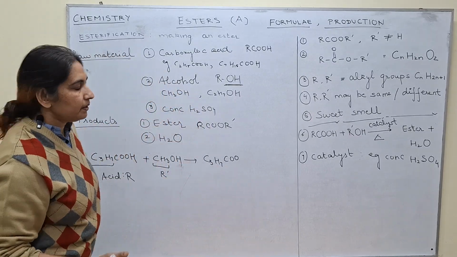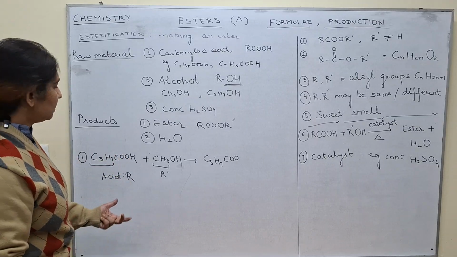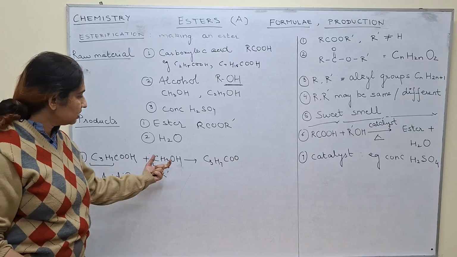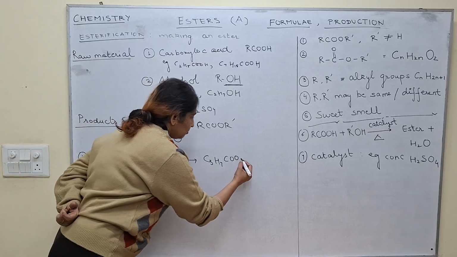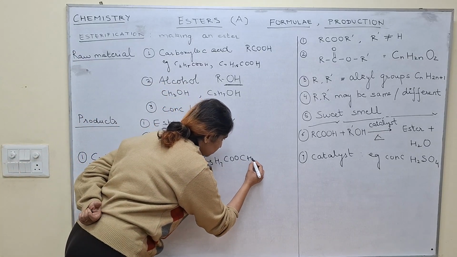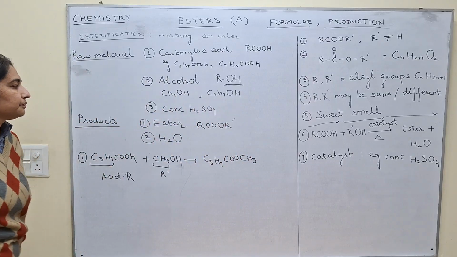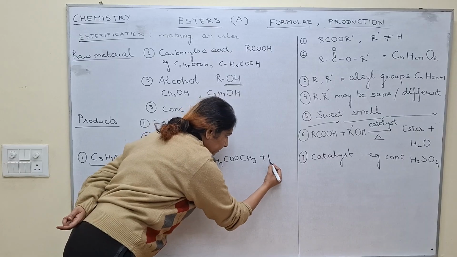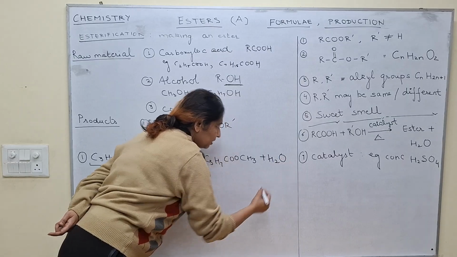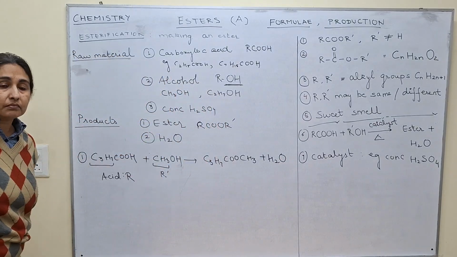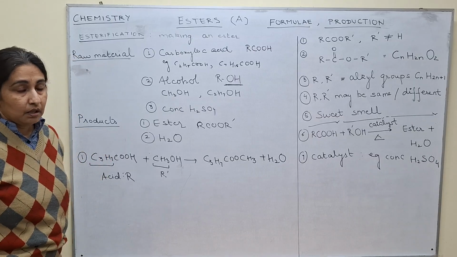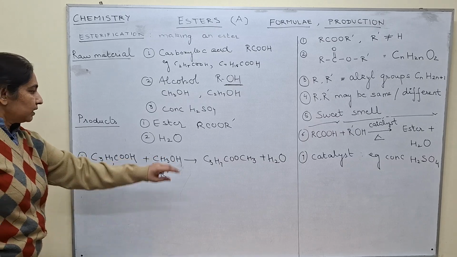CO we have to write in the middle. After CO, which part do we write? The alkyl group from the alcohol. R dash is this, COOCH3. So this is the ester which will be formed. Naming we'll do in the next episode.